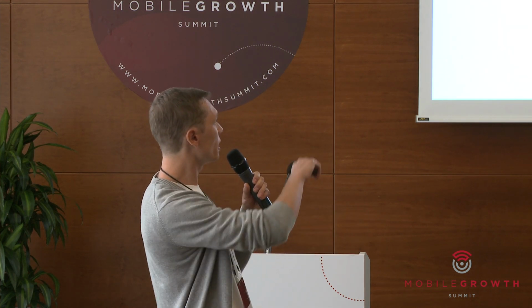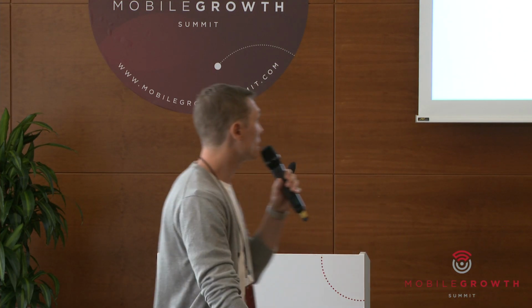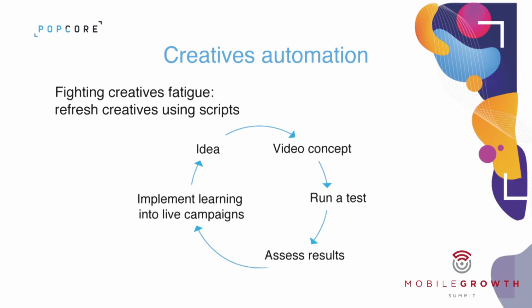But here are the 2 things we focus on in our automation. So creatives and campaigns. So let's start with creatives. Our main focus at Popcore is video as a source of media for a user, and also playable.